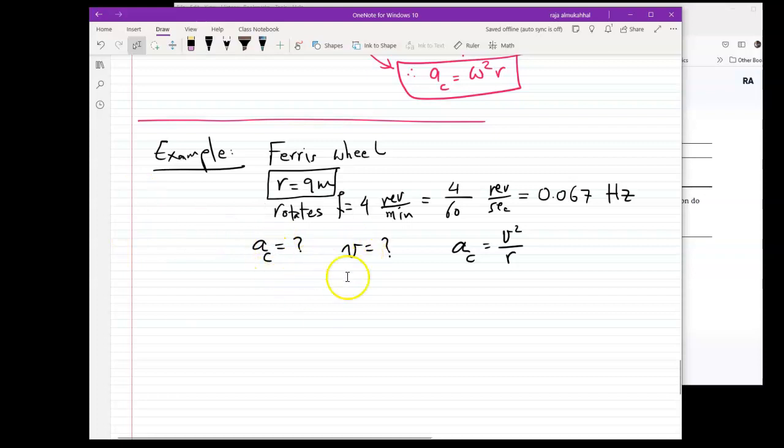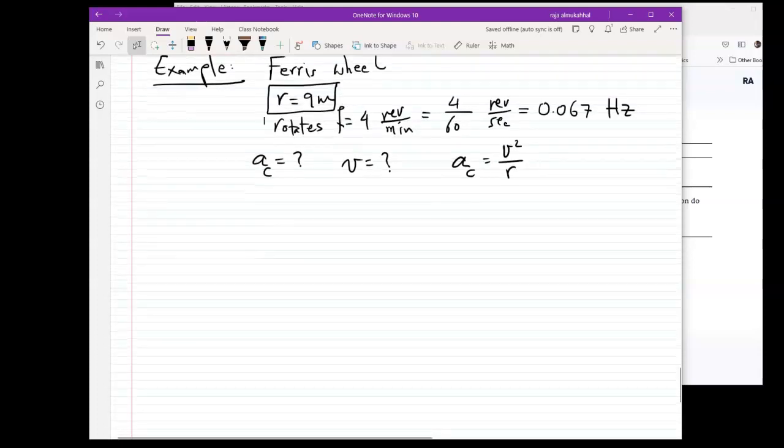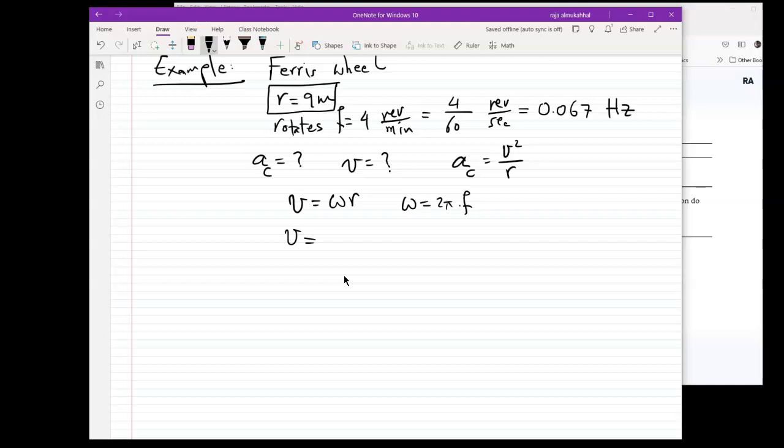And as I told you before, there are two ways to find the velocity. One way is, well, here it is. We know that velocity is equal to omega r, remember? And omega is 2 pi f. So I can plug it in there, so that v equals 2 pi f times r. You see what I'm saying?